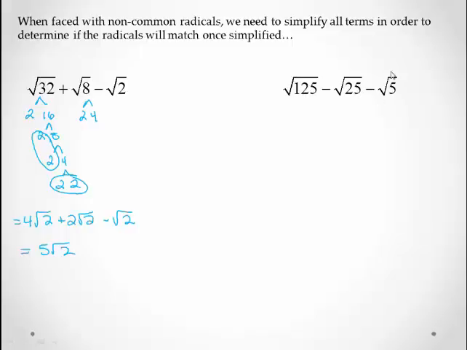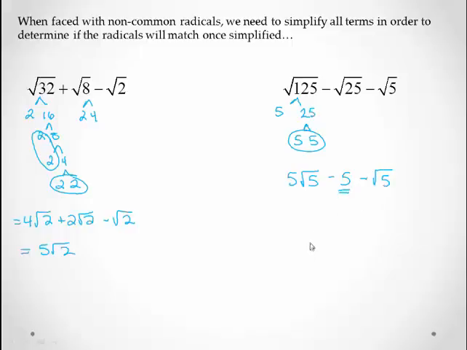We're going to do the square root of 125, 25, and 5, and I'm going to try to see if I can get them to match. So 125 is 5 times 25, which gives me 5 root 5, and then minus the root of 25, that's just going to be a 5.